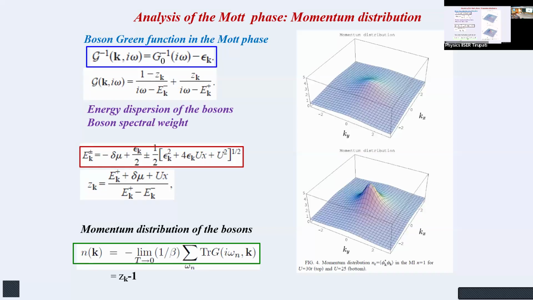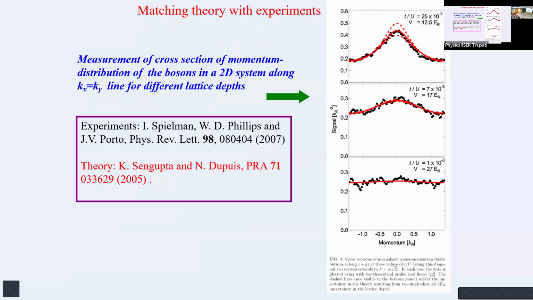What happens is that as you go towards the superfluid transition from the Mott state, much before you reach the transition, the momentum distribution starts developing a peak, which diverges at the transition when you enter the superfluid state. It's called the precursor peak to the transition, and this has been seen in experiments by Bill Phillips' group in 2007.